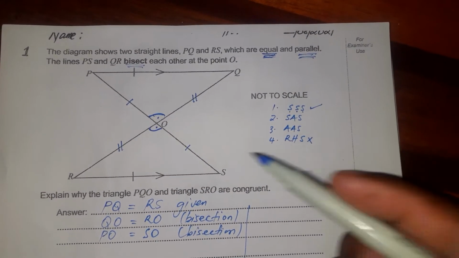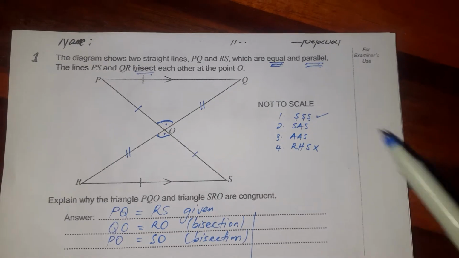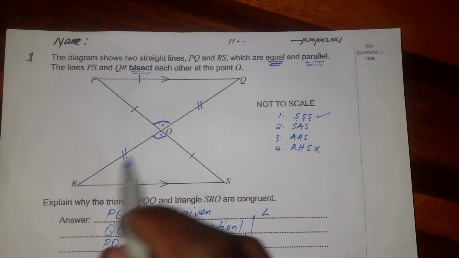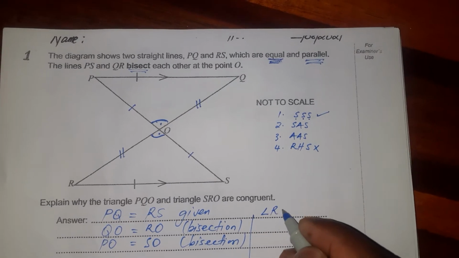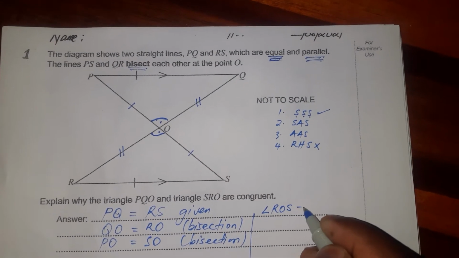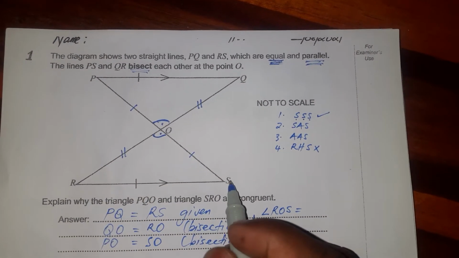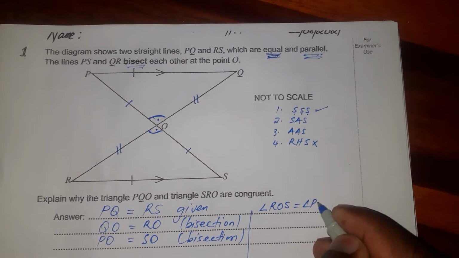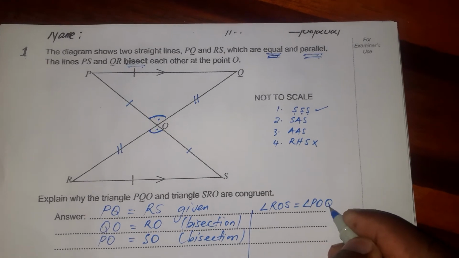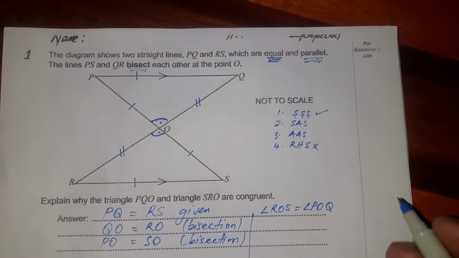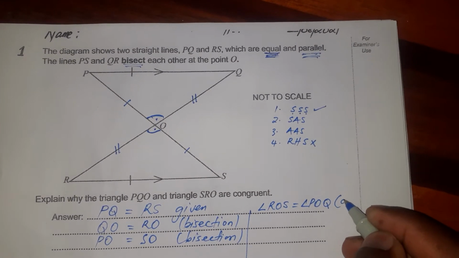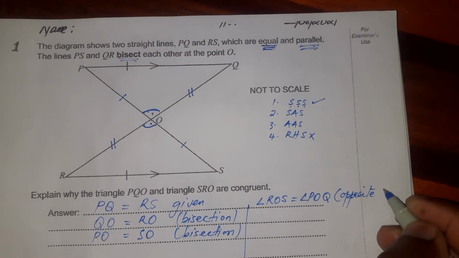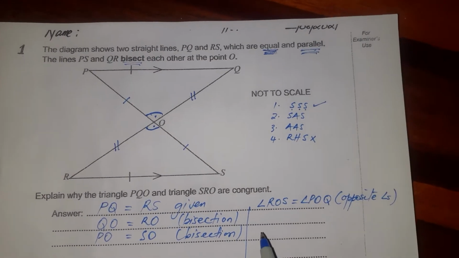These are opposite angles. We can write angle ROS is equal to angle POQ. We can even give a reason for that. Opposite angles.